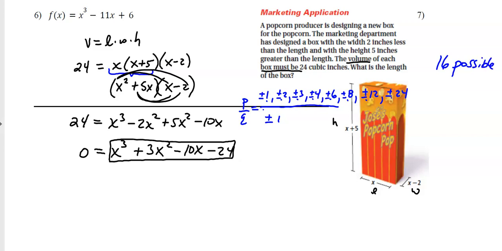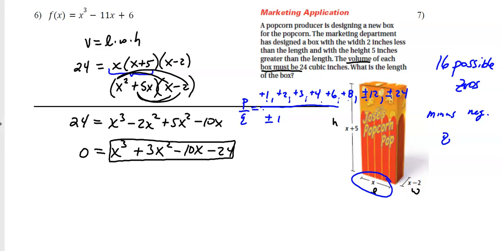possible zeros. But luckily when I look at this question, x cannot be negative, because if x is negative, we won't have a length. So we can eliminate all the negatives. So now I'm down to 8. We don't have to test any of these negative ones, because then we wouldn't have a problem.